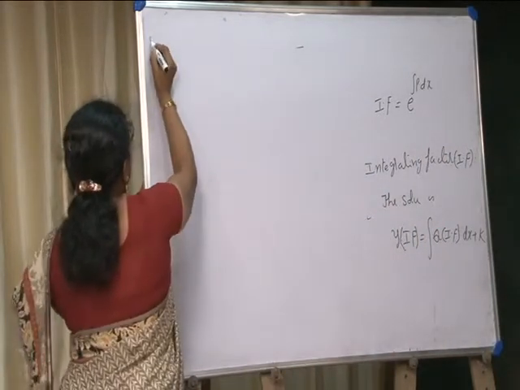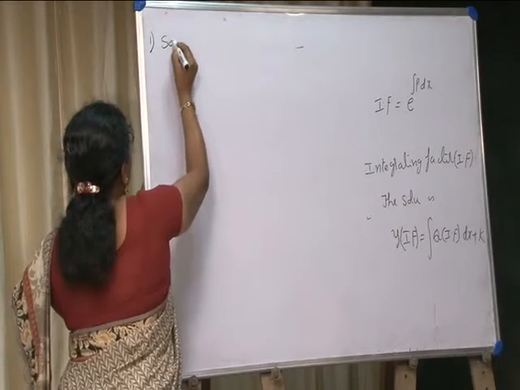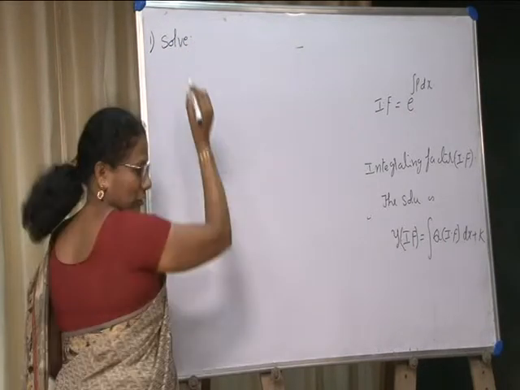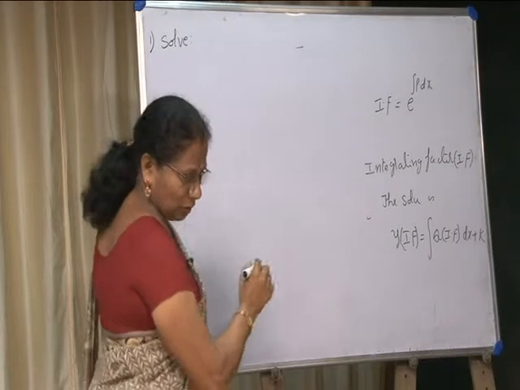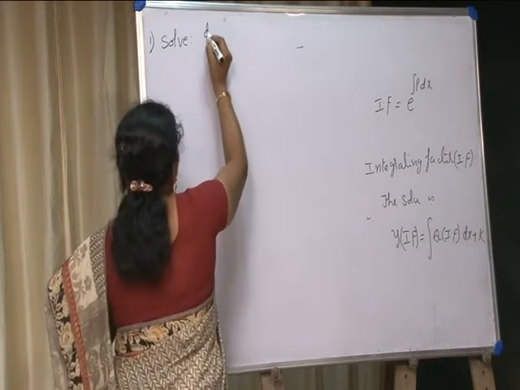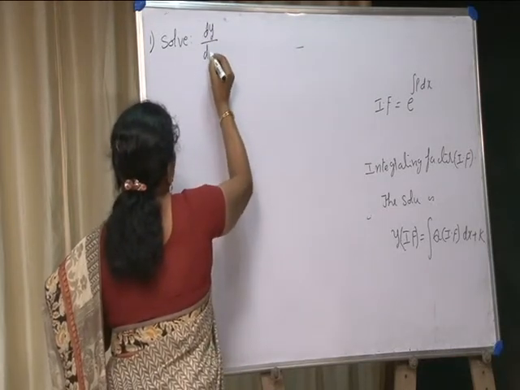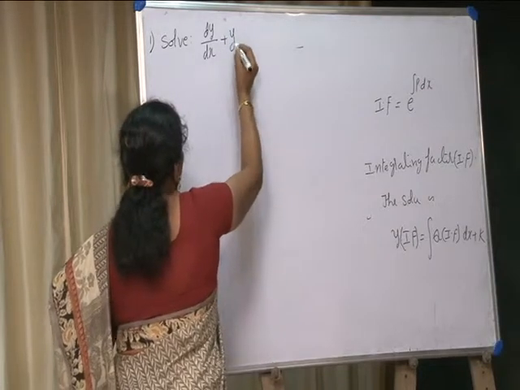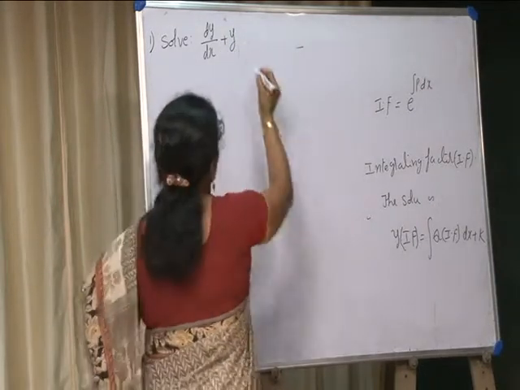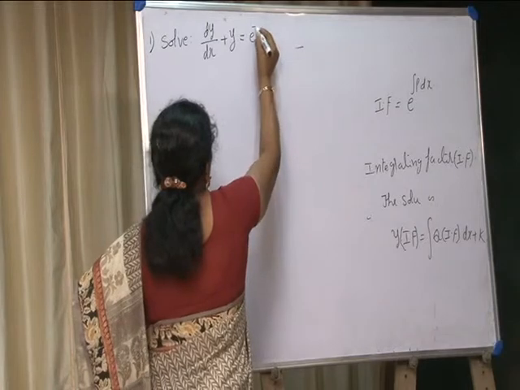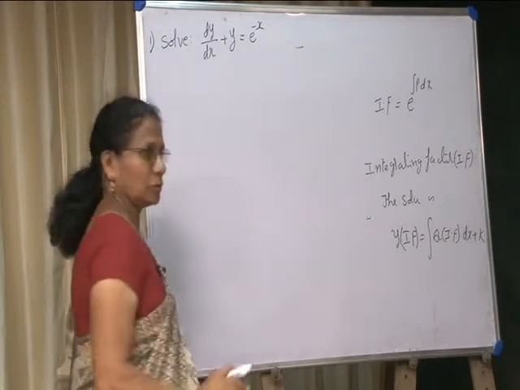First one, solve dy by dx plus y is equal to e to the power of minus x.